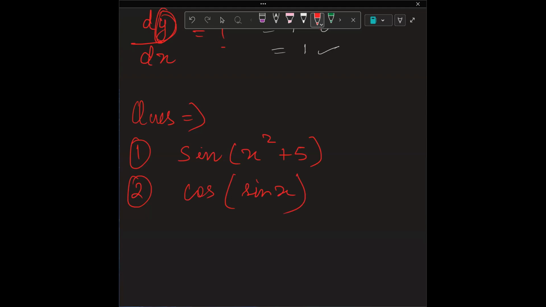You have these two functions. Tell me the differentiation of these. Can you guys do?